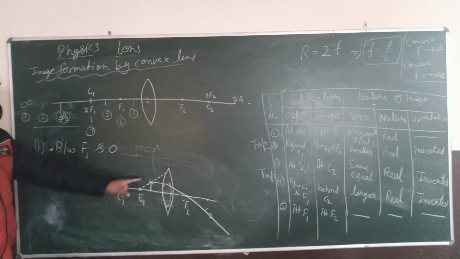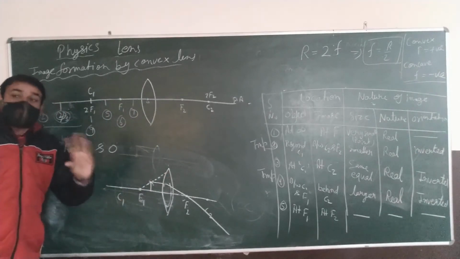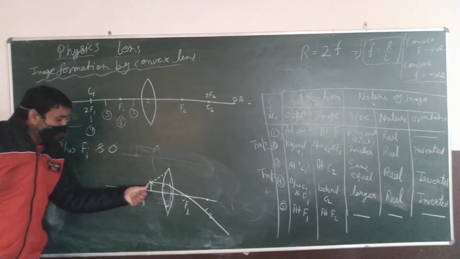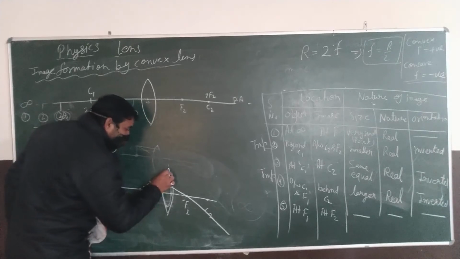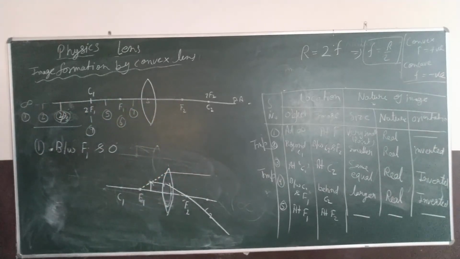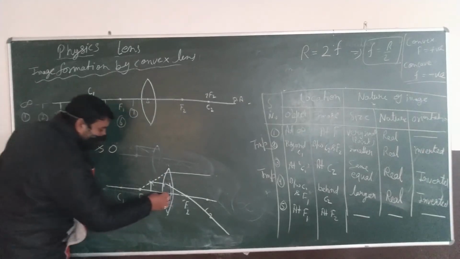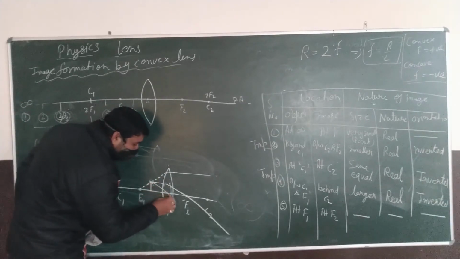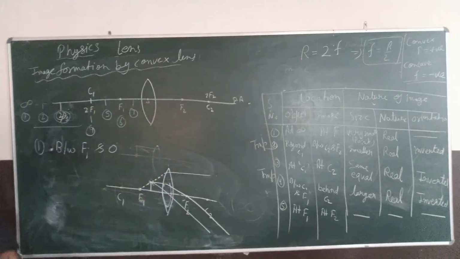Now the second light, assume that the light traveling from this point after refraction goes parallel to the principal axis, and third, we can take a light which is traveling from this point.